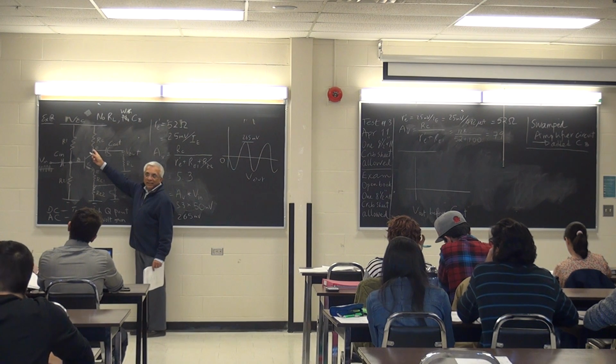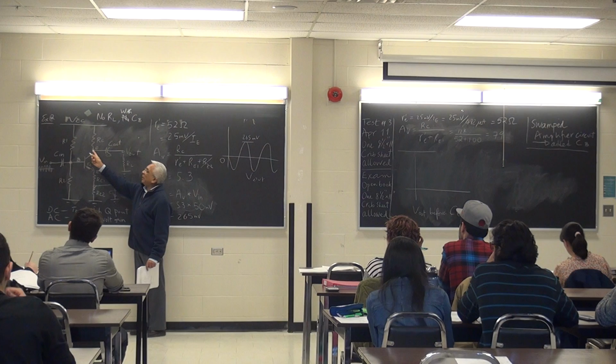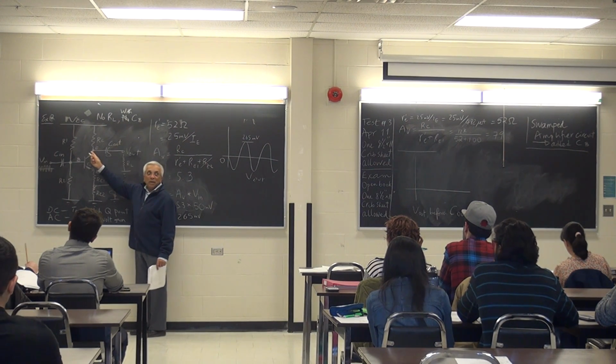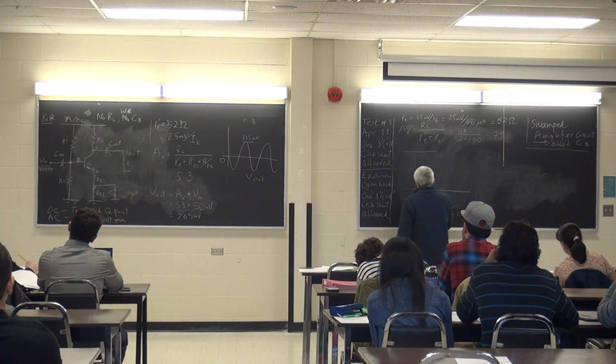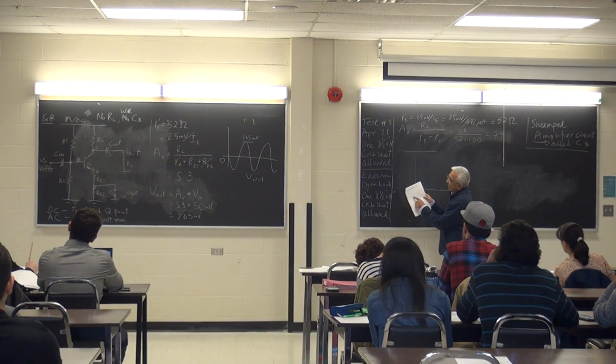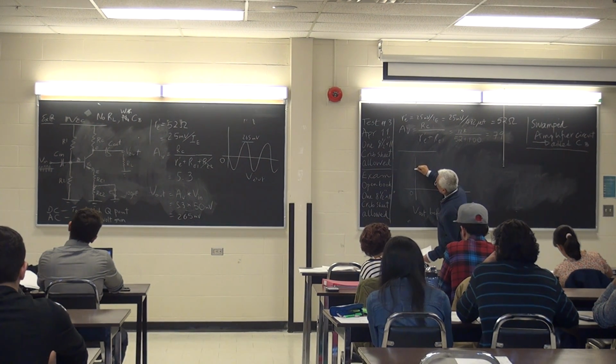So at this point, my output signal, which is here, is going to be riding on top of VC. So that means a signal, and it says right there, superimposed on VC. So what I do is I indicate the VC value here, which is a DC value. VC is a DC value here.